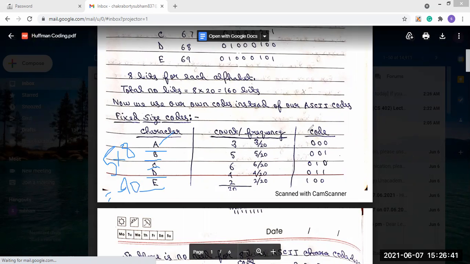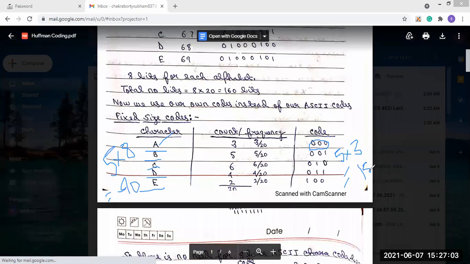And with these 40 bits, the number of code bits is 3 for each of the 5 codes. So 5 times 3 is 15.